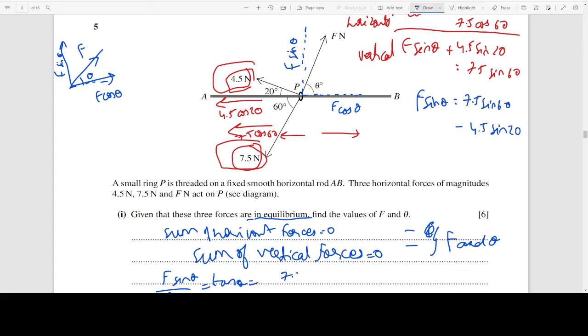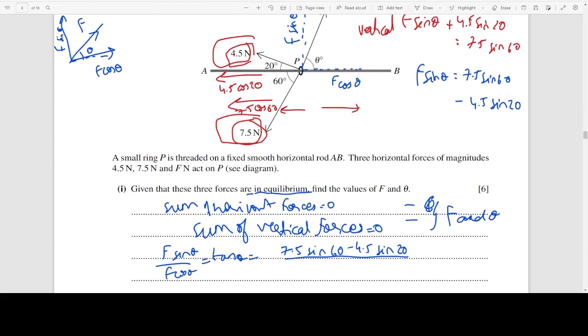So 7.5 sine 60 minus 4.5 sine 20 divided by the horizontal, which is 4.5 cos 20 plus 7.5 cos 60.